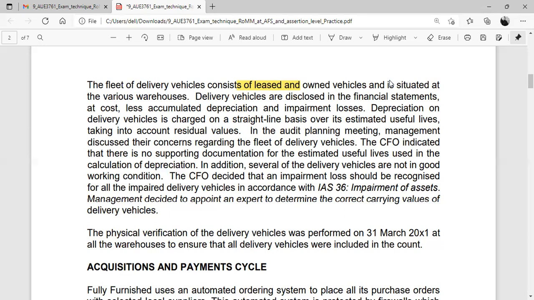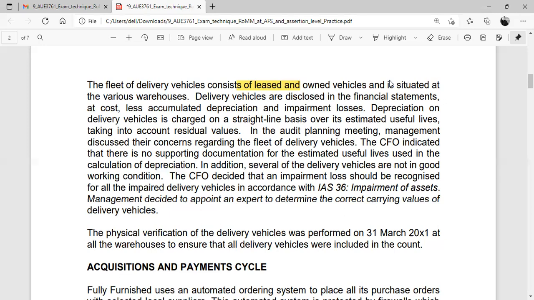And I'm saying this because we don't know who carried out this physical verification, number one. It could be some junior staff in the company that was given the responsibility of counting the vehicles. We don't know who counted these vehicles, so we are not sure. You get what I'm saying?